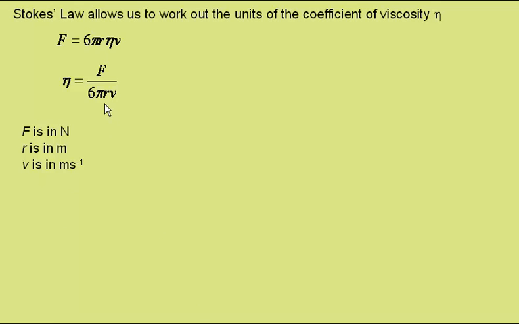So, putting in the units into this expression, we get the units of eta will be newtons times seconds over meters times meters. This simplifies to newtons per square meter times seconds, but the newton per square meter is the Pascal, so we can give the units for the coefficient of viscosity as Pascal seconds.